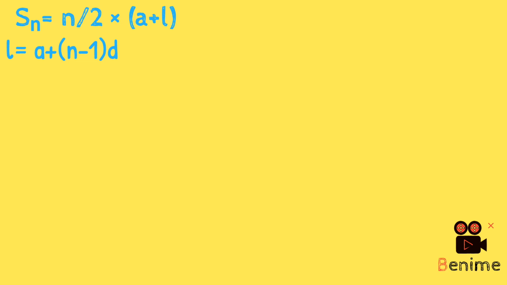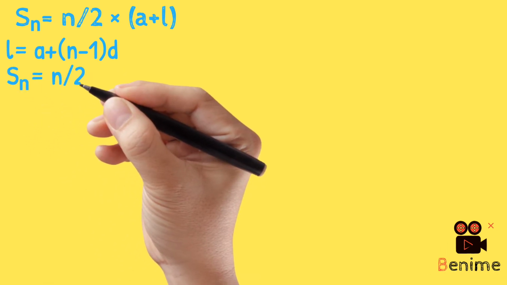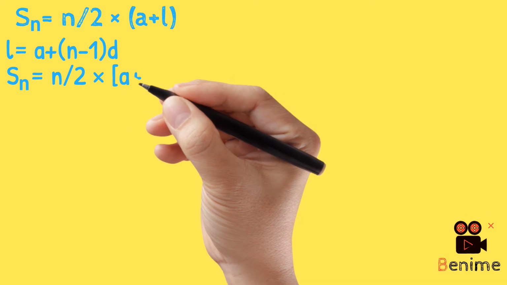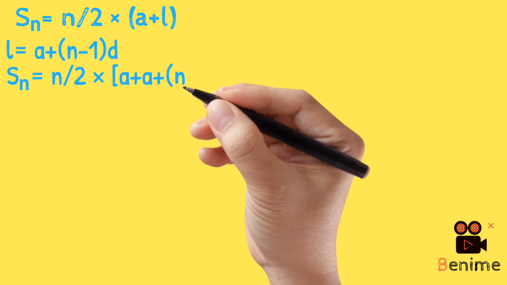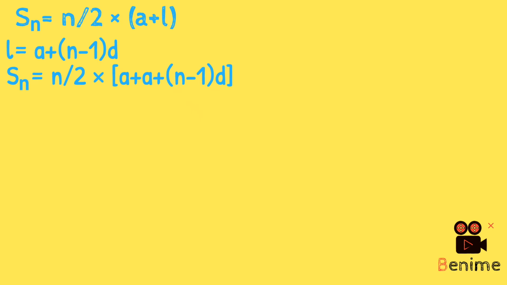Now, this formula, you can put it in the first formula for the sum of n terms, so that you have Sn is equal to n over 2 open bracket a plus open another bracket n minus 1 close bracket d, then close bracket again. I just put L equal to a plus n minus 1 d inside the first formula, and that's how I got this.